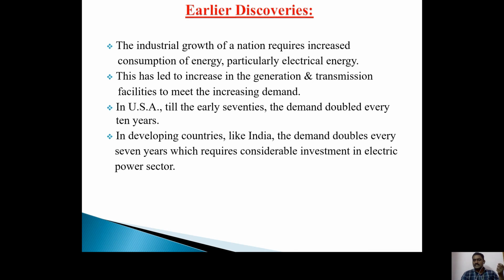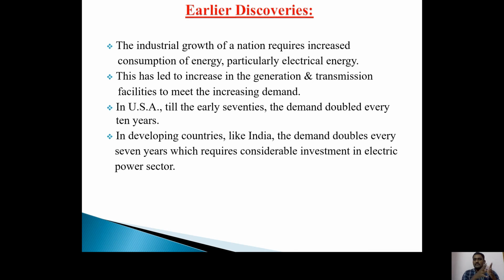Because of the industrial growth of a nation, we are increasing the load demand, and if we increase the load demand, we have to increase the generation, transmission and distribution. This has led to an increase in generation and transmission facilities to meet the increasing demand.